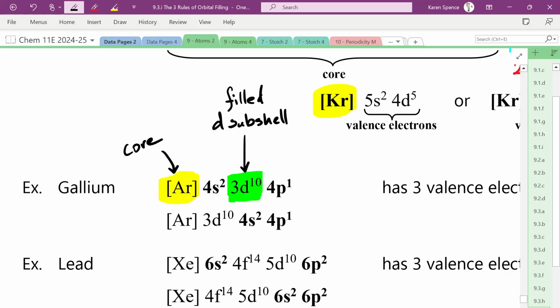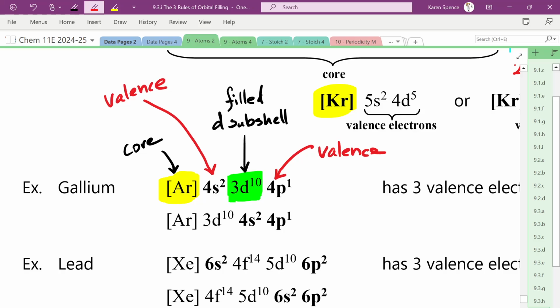And what that means is that here and here, these are the valence electrons.